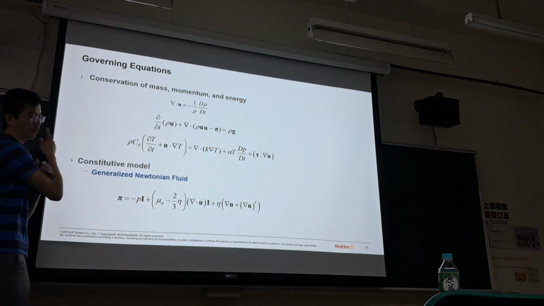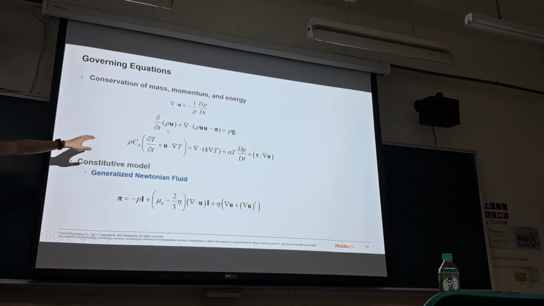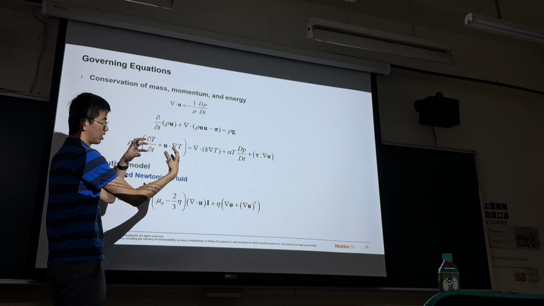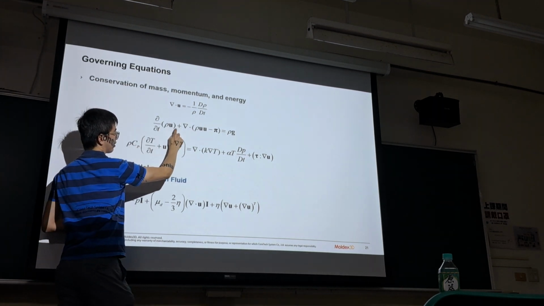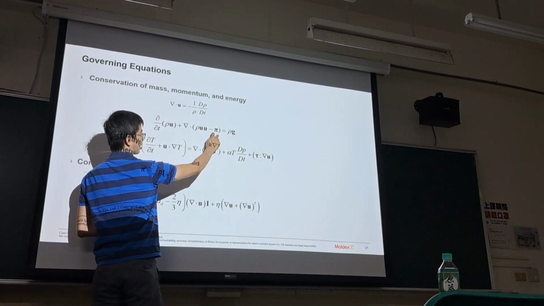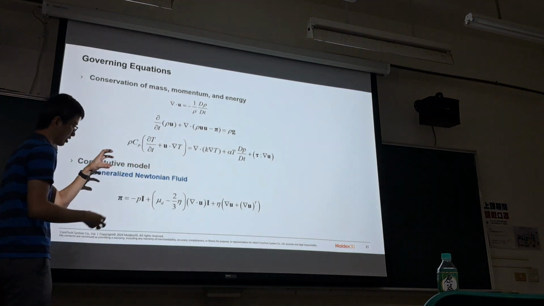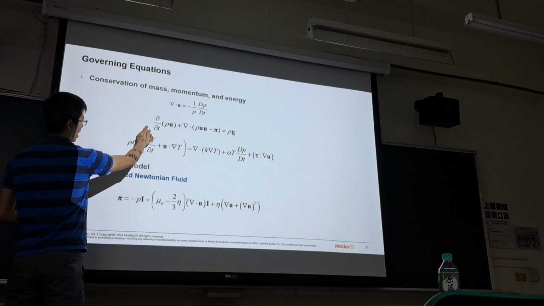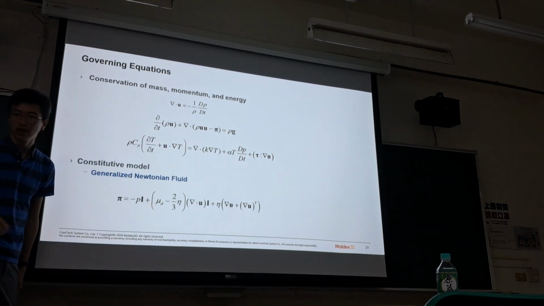Okay. So the first one is mass conservation, and the second one is momentum, the force balance, the velocity. U is the velocity. The balance between the gravity, external force, and F equals ma, right? Mass times acceleration, so the force balance.